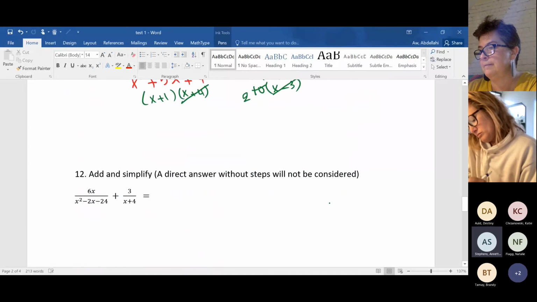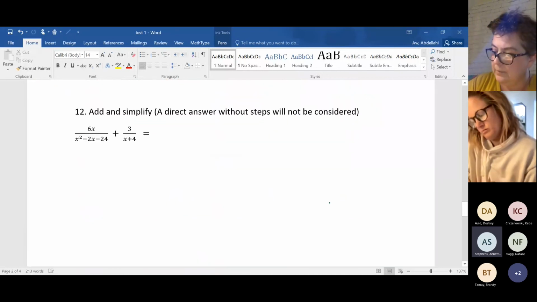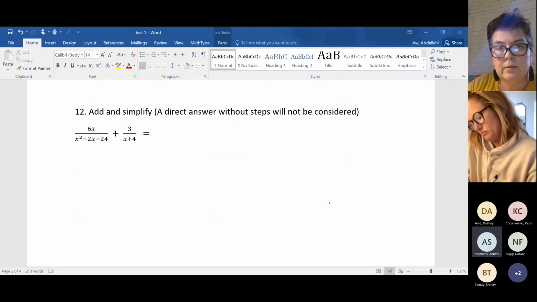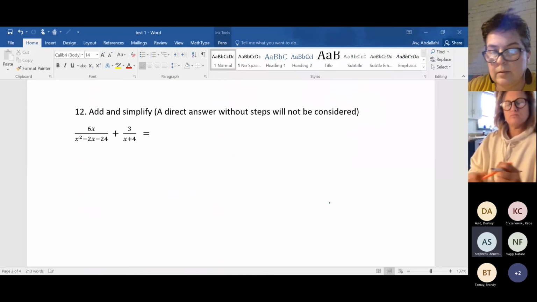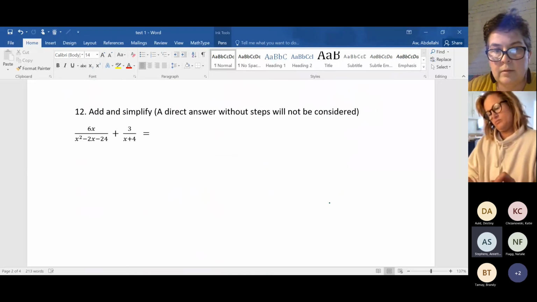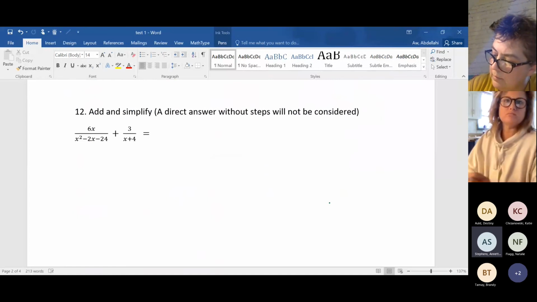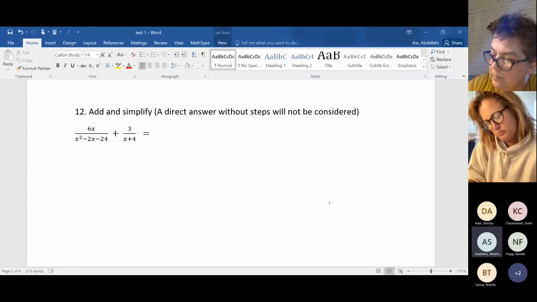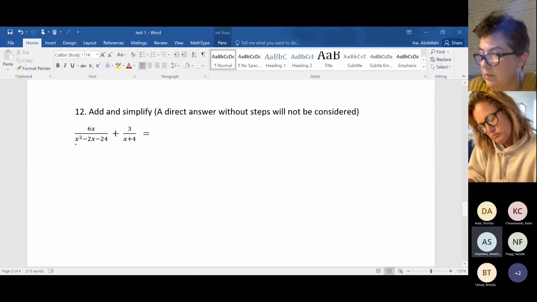Okay, so now this one is how to add and simplify fractions. Of course, in order to add fractions, we need to find the least common denominator, right? And to find the LCD, I need to factor every denominator that needs to be factored. For instance, I need to factor this one.